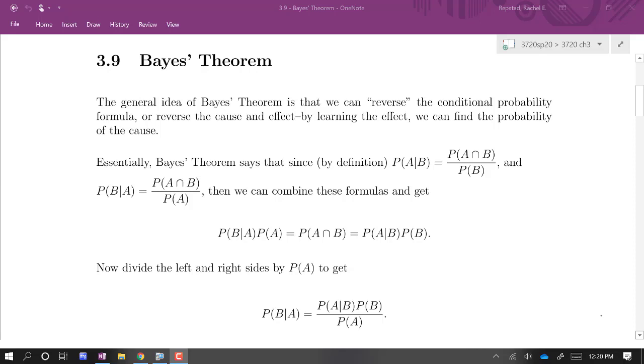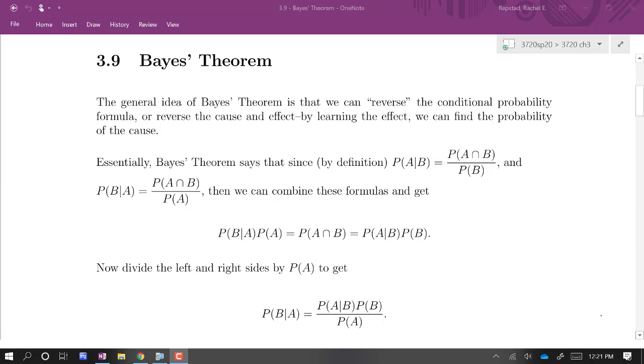All right, now we're going to look at a really famous result, and really pretty useful and interesting. It's called Bayes' theorem, and it's a way that we reverse the conditions in a conditional probability, almost reverse the sequence of events.